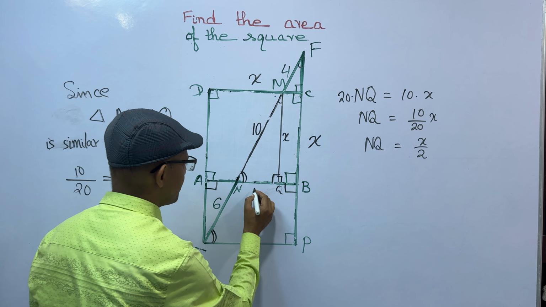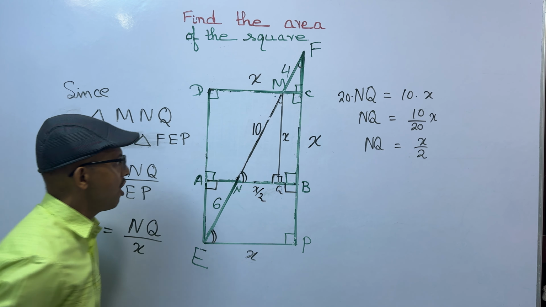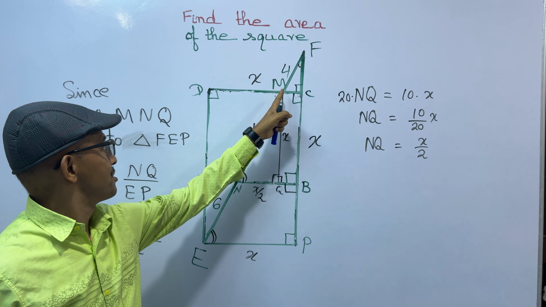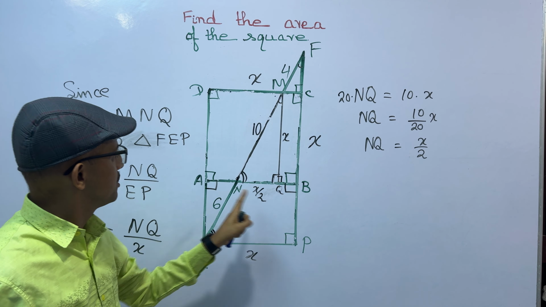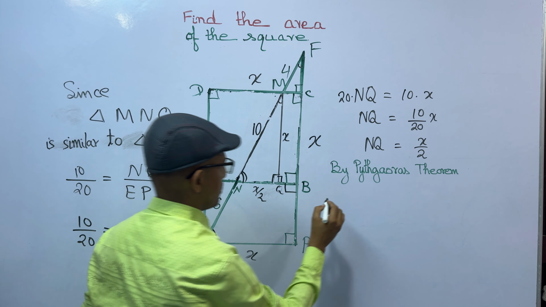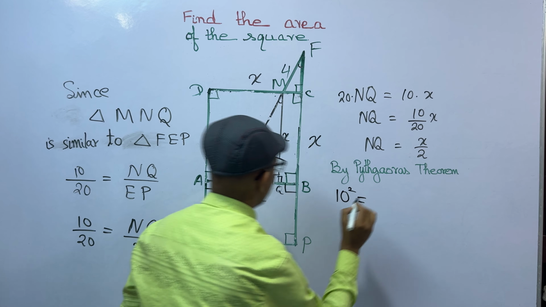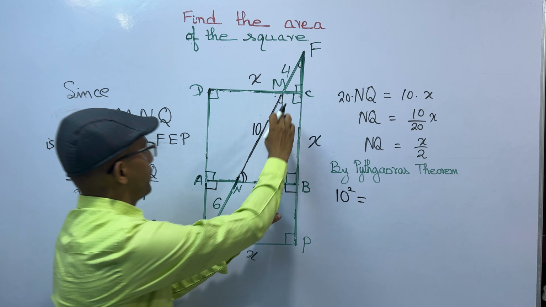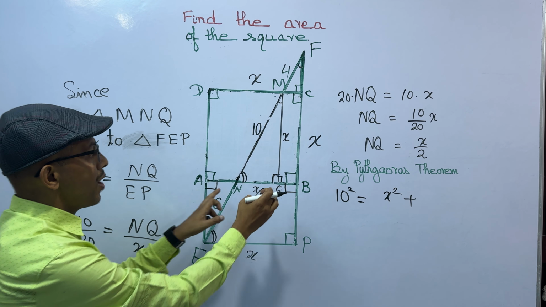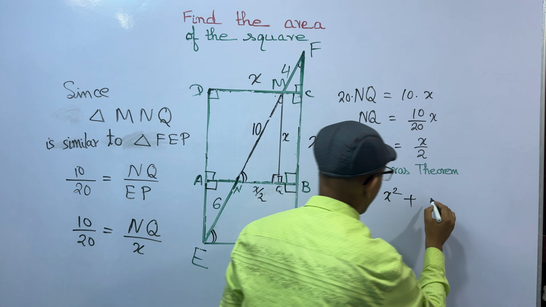We do not know the length of NQ. However, we can solve for x by applying Pythagoras theorem to triangle MQN. By Pythagoras theorem, square of hypotenuse, that is 10 square, must be equal to square of perpendicular, that is x square, plus square of base, that is x by 2 whole thing square.